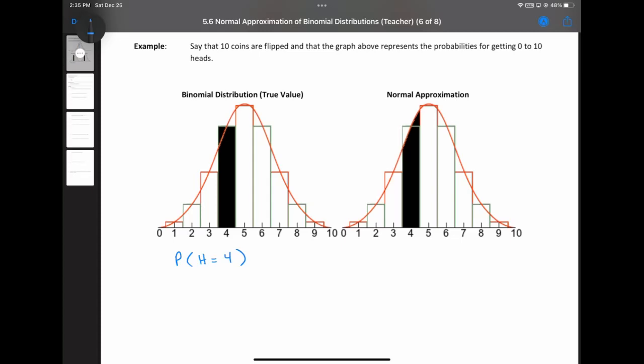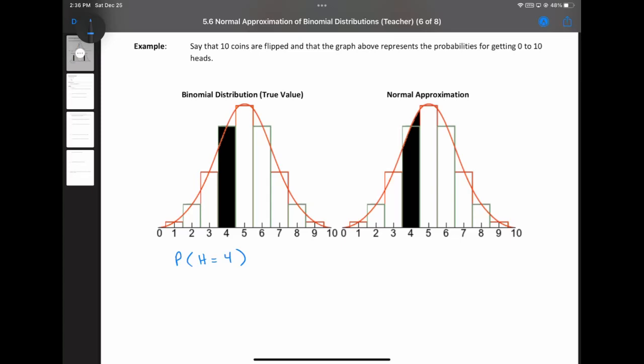And since the height of each of these represents a percentage of a whole, if I added up the heights of all of those different bars, really the areas of each of those bars, because they're all one wide, you'd get a total of 100% of data. So 4 represents a certain portion of that total. The answer is around 20%. I think it's actually about 20.5% to be exact, but it represents about 20% of the total. So it means there's about a 20% chance that you're going to get 4 heads. So that's the actual precise answer.